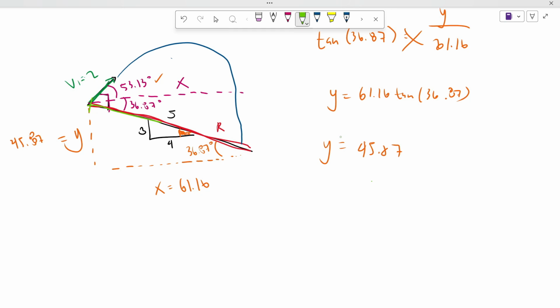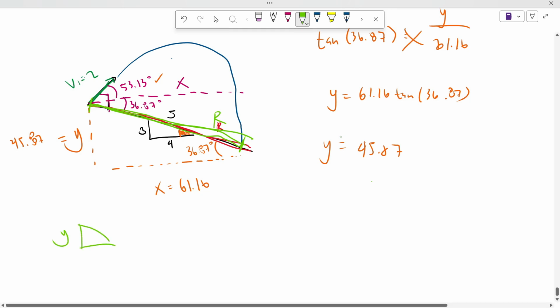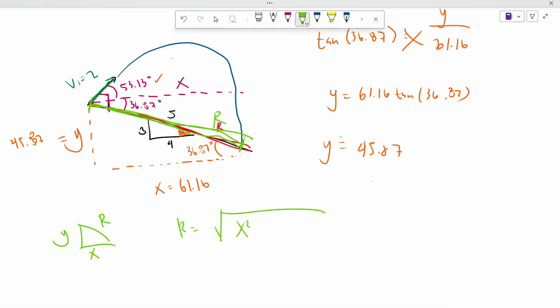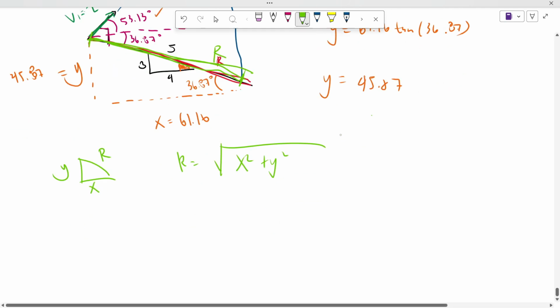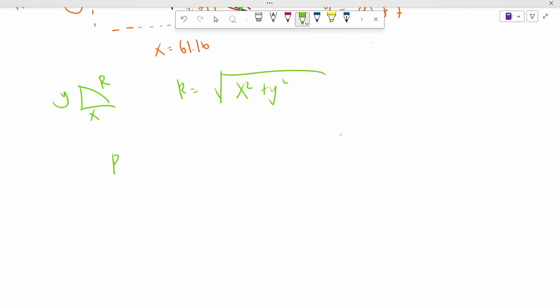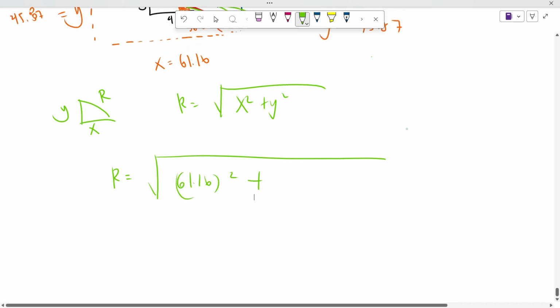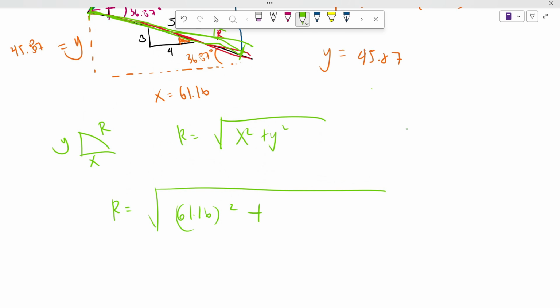To get the range, guys, this green one, the former pink one, the range is this one. We already have y, we have x, so we can get r. To get r we use the Pythagorean theorem. So r equals the square root of x, which is 61.16 squared, plus the value of y, 45.87 squared.